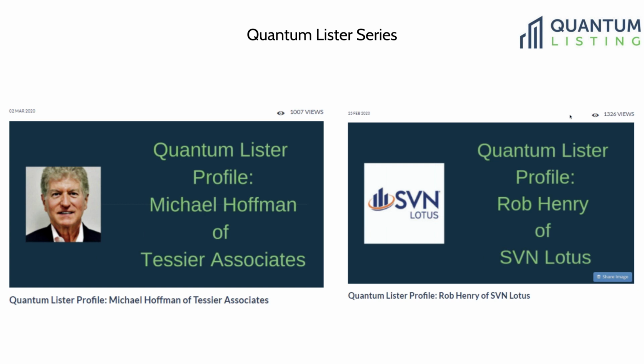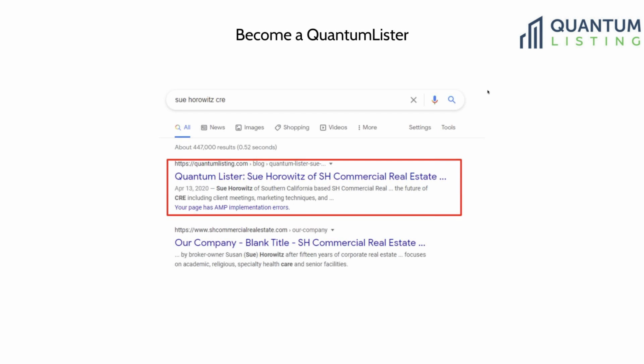Rob Henry from SVN Lotus got 1,326 views on his. He was a sports star, so I think people still Google his name because of his cool history in football. I can't remember which college. So you get a lot of potential views of your listings by being a Quantum Lister.